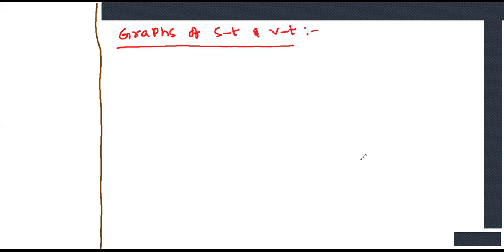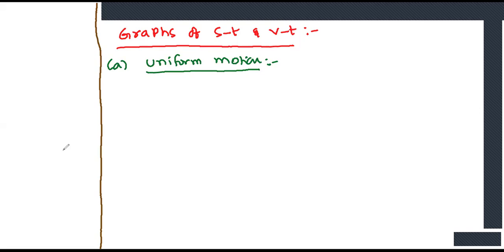I will divide the graphs as first in uniform motion and in non-uniform motion. In uniform motion, we know that speed is constant, and as speed is constant, acceleration will be zero.